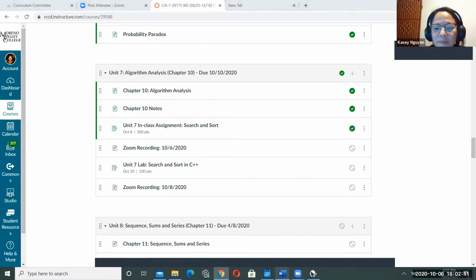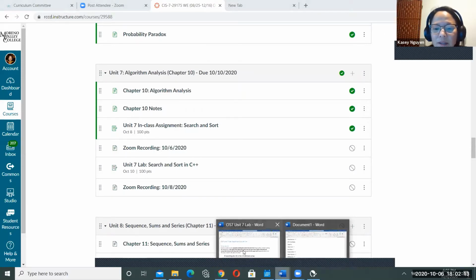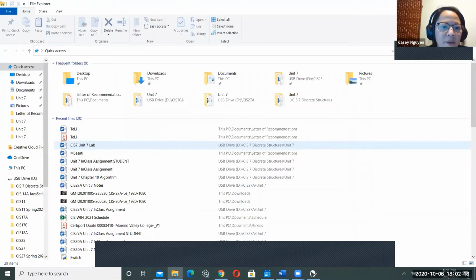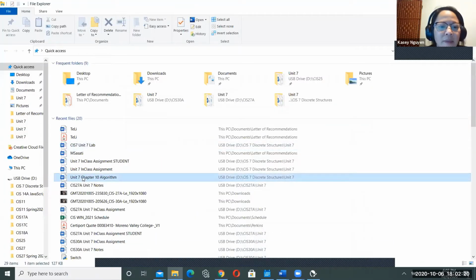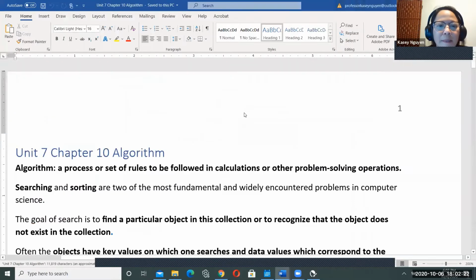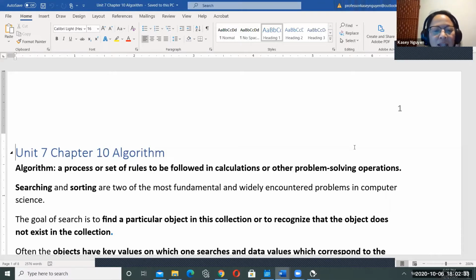Okay. So let me see. Sorry, let me reopen my notes. So this week we're gonna talk a little bit about algorithm, and we touched on it briefly when we were doing lab last time, when we were looking at the fundamentals and really breaking everything down to the smaller pieces to solve the problem.